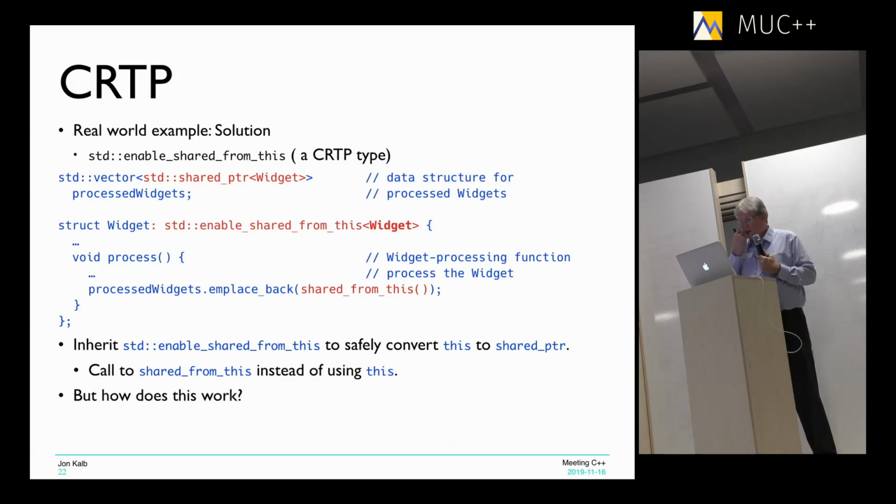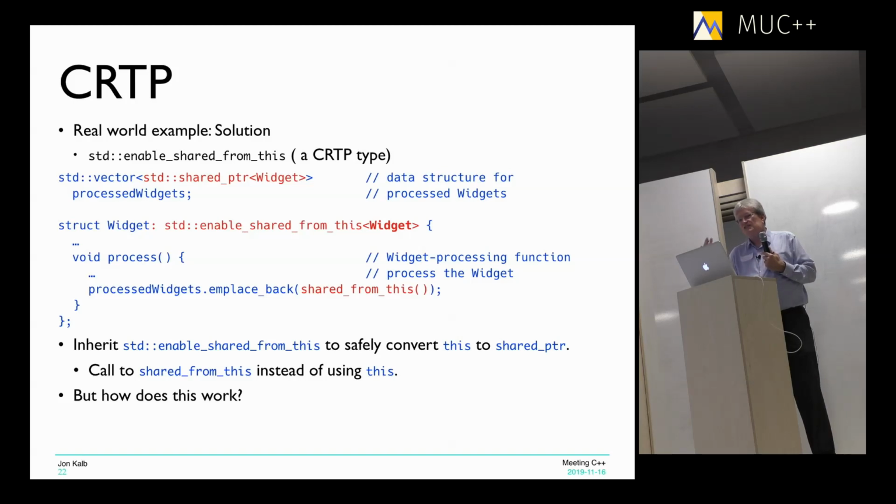The way we get around this problem is to derive widget from enable_shared_from_this of widget. So what is this? It is a base class that's designed to be a CRTP base class. In other words, you derive from it and instantiate it on whatever the type is doing the deriving.